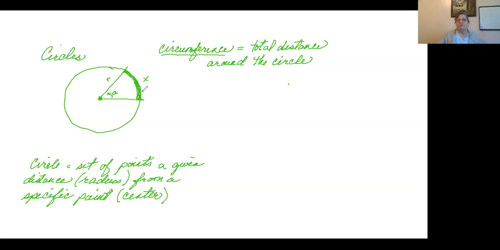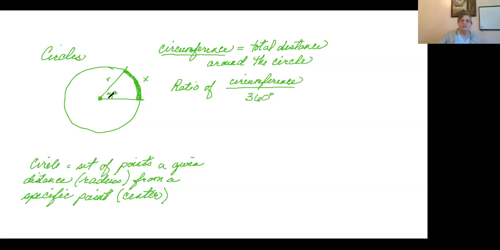Basically, we've got 4 numbers here. The ratio of the circumference, the distance around the circle, to 360 degrees.